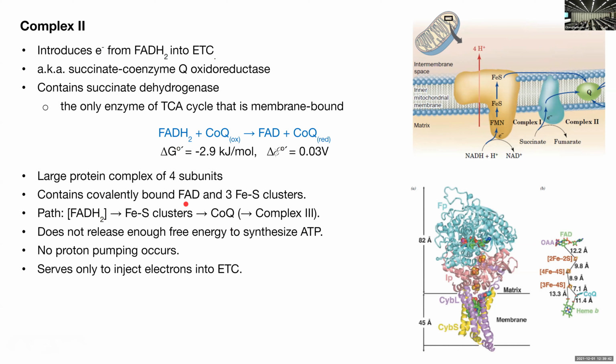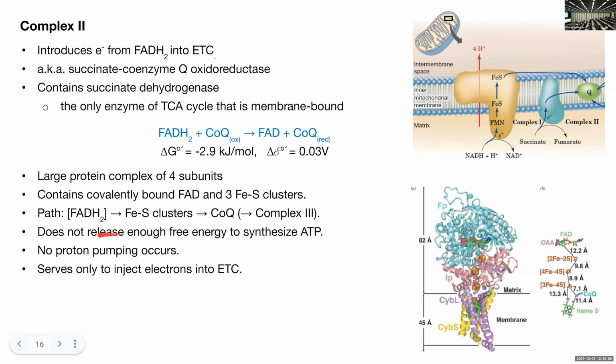And it also contains, similarly to complex 1, the iron sulfur cluster, but only 3. And again there's FAD bound there. So the electron starts from succinate, gets to the FADH2, and then that hands on to the iron sulfur cluster, and eventually goes to coenzyme Q for the later step on complex 3 and 4.